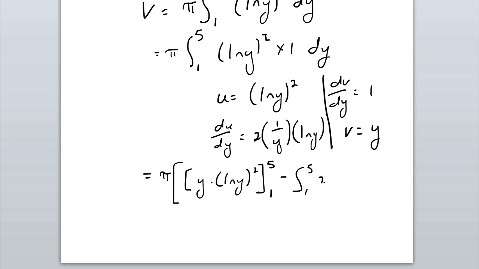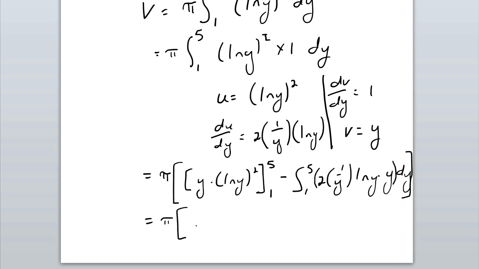So I have 1 over y natural log y multiplied with v, which is y, and I'm going to integrate this whole thing in terms of dy, and there should be a nice end to my big bracket here. So now, pi, and at the moment I'm going to leave this thing here. If I wanted to, I could have already integrated this with my bounds, but let's for the moment first leave this here.